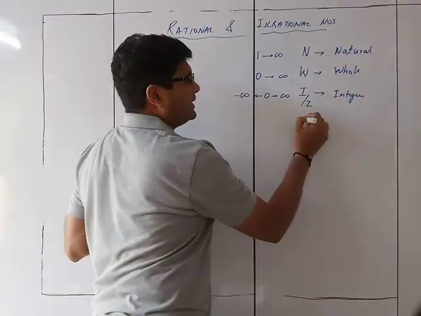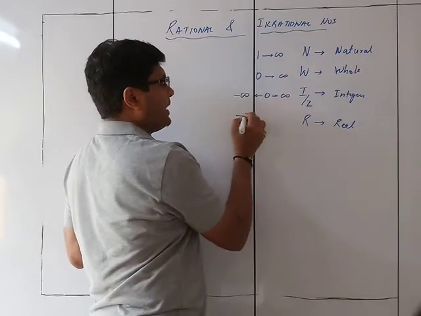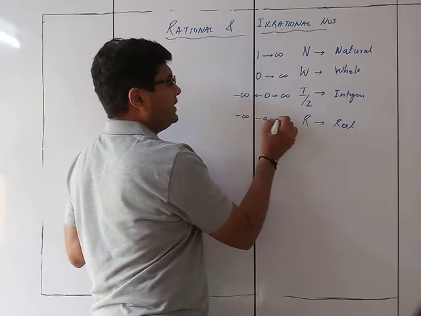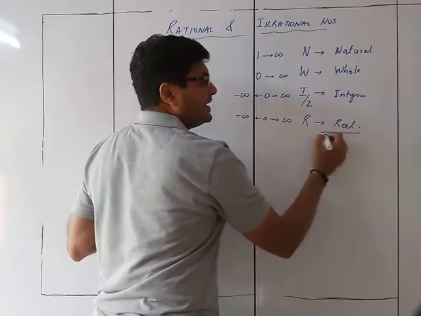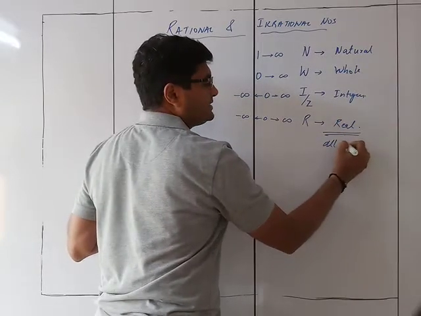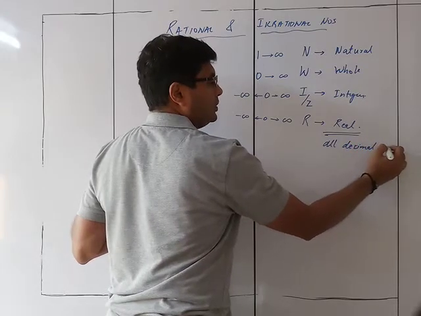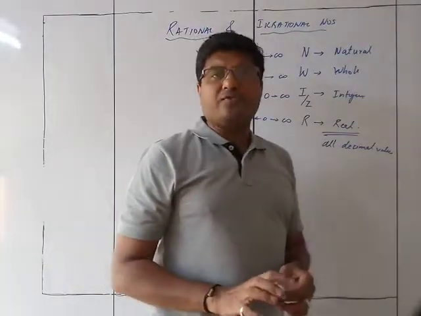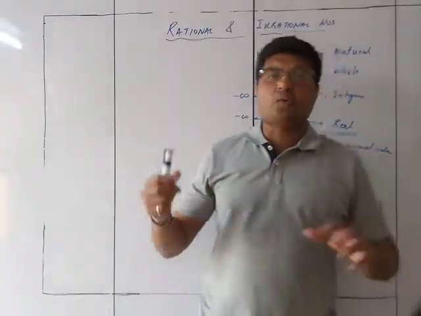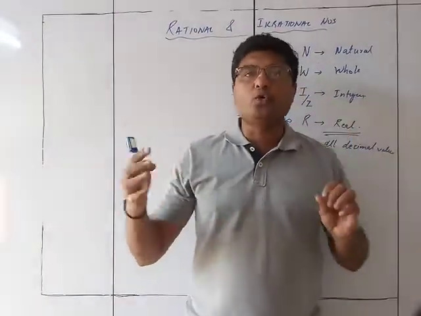And then come the real numbers. R are real numbers. The real numbers again go from minus infinity to 0 to infinity. But the difference between this and integers is that this contains all decimal values. In integers you do not have 1.5, 1.53, 1.76 or 1 upon 3 or 2 upon 3 or minus 1 upon 3, minus 2 upon 4.